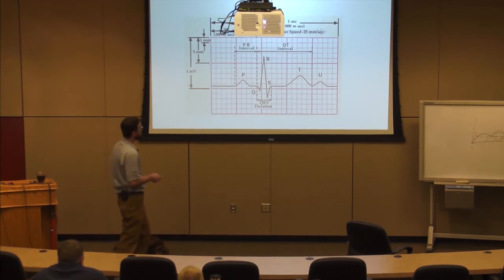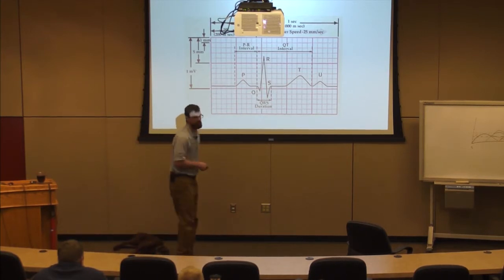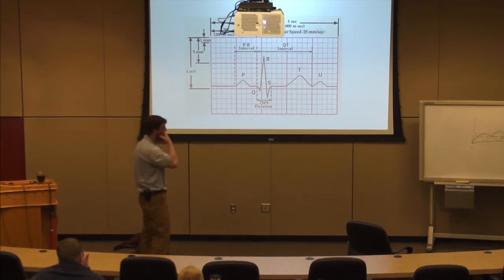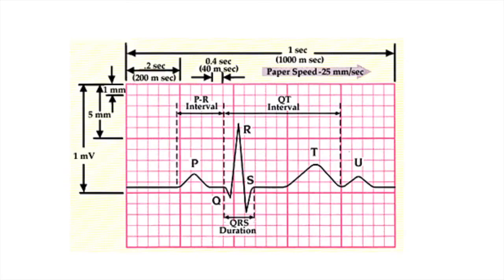So when I look at this and I measure these out, you don't necessarily need to know the exact time for each one, but you should be able to look at a 12 lead and the basic grid pattern and say, that's slow, that's fast, right? So I know I'm one big box from the beginning of my P wave to the beginning of my QRS. That cycle needs to fit within one big box, okay? Make sense?